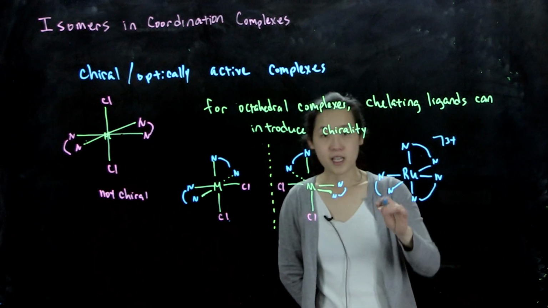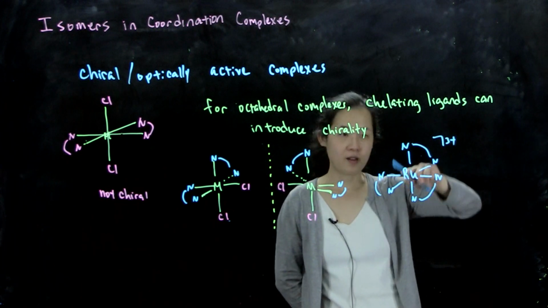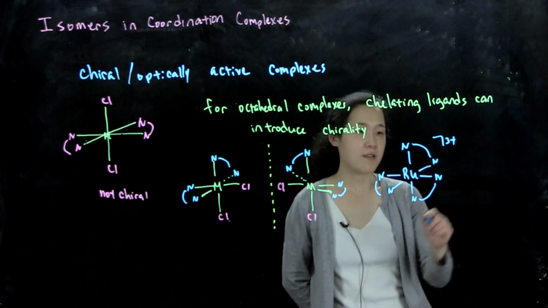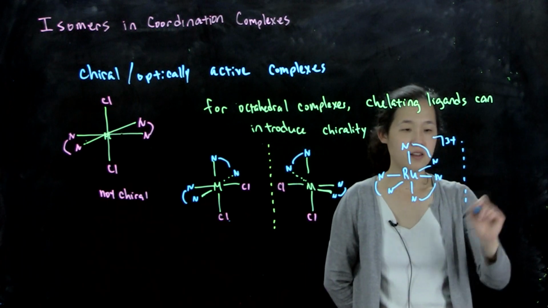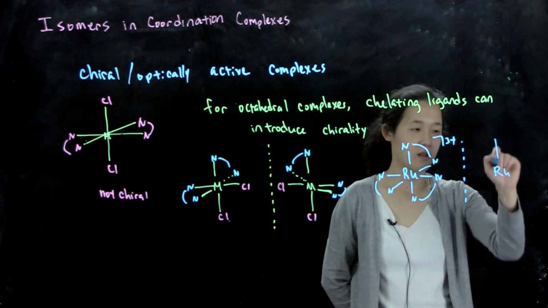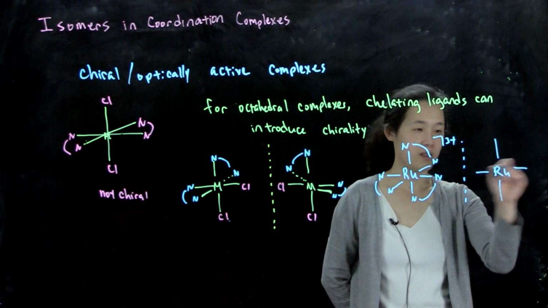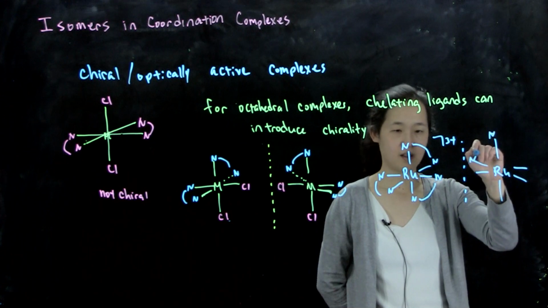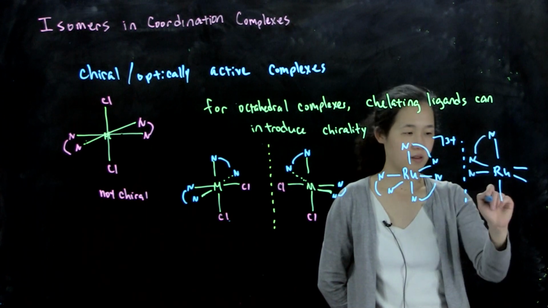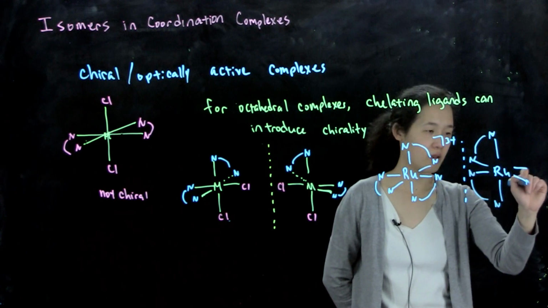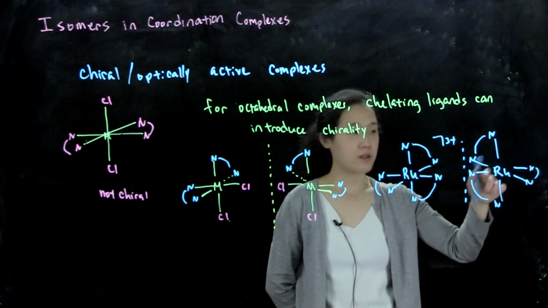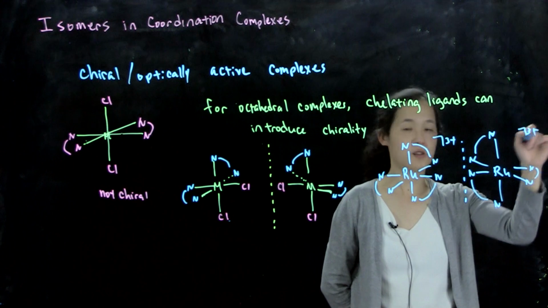What you'll see is that this has a propeller shape. You could rotate it with a C3. But if we do the mirror plane, this will be going this way. Nitrogen, nitrogen. Now we've actually changed the direction in which the propeller goes. So this is also chiral.